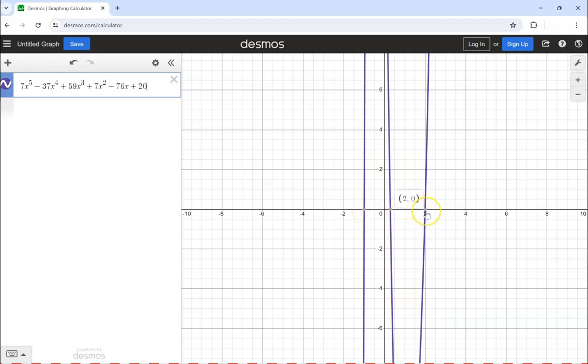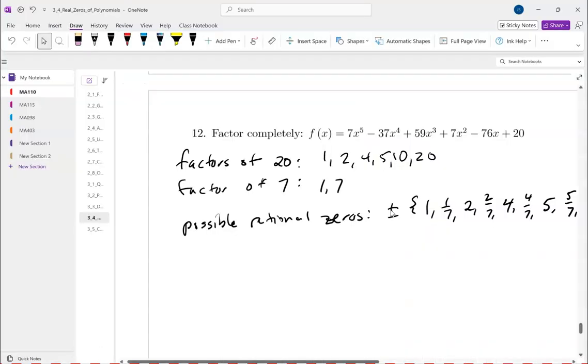This one is 2. This one is, well, I recognize that decimal. 0.28571 is about 2/7. Okay? So those would be the ones I would check first. Actually, I would do -1 and I would do 2 first before you start playing with the fraction. Okay?